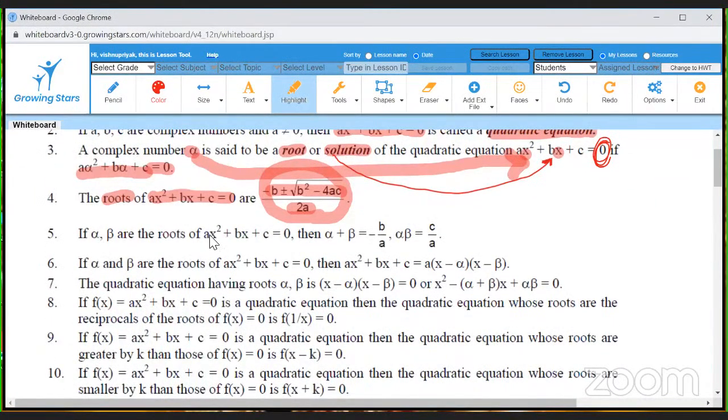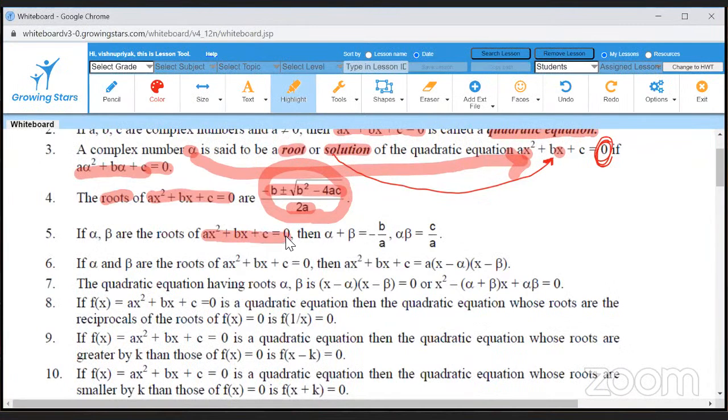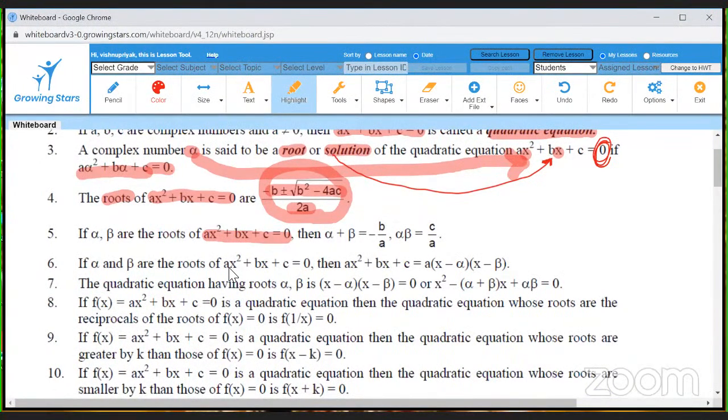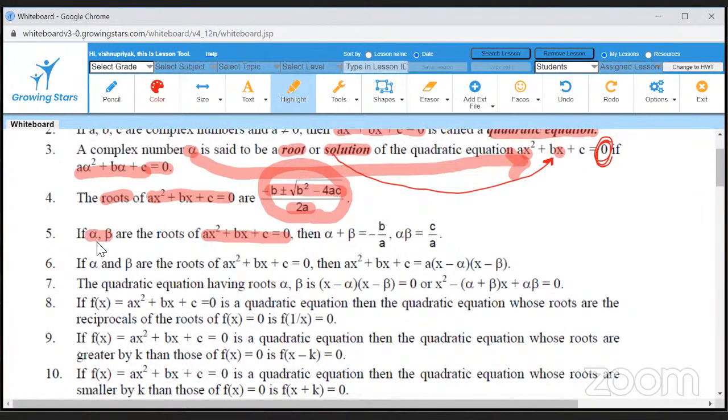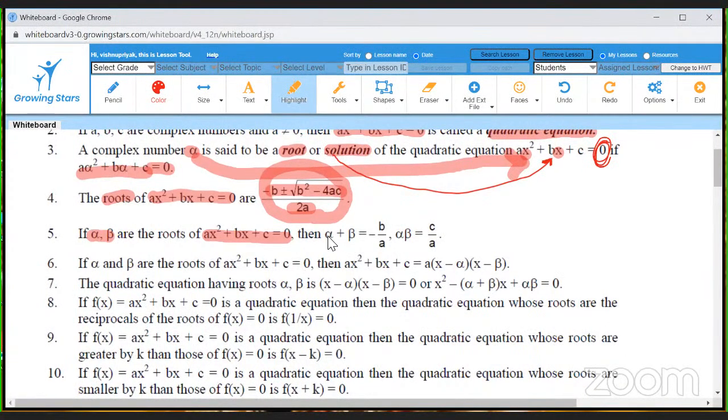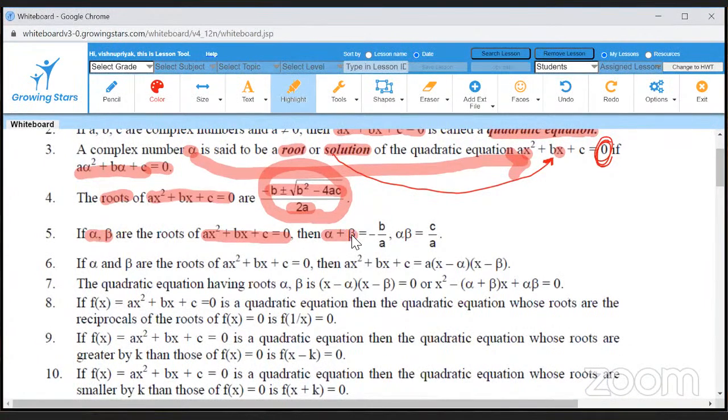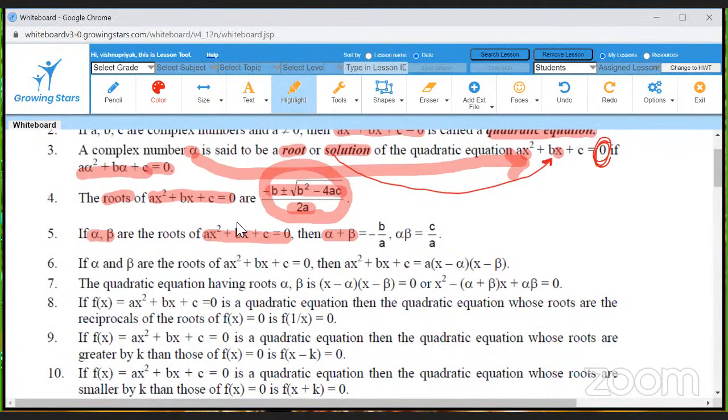Now, if a quadratic equation ax square plus bx plus c equal to 0 has two roots, alpha and beta, then when you add up the roots, alpha plus beta, the sum of the roots will be equal to minus b by a. And when you multiply the roots, the product of the roots, alpha beta, will be equal to c by a.